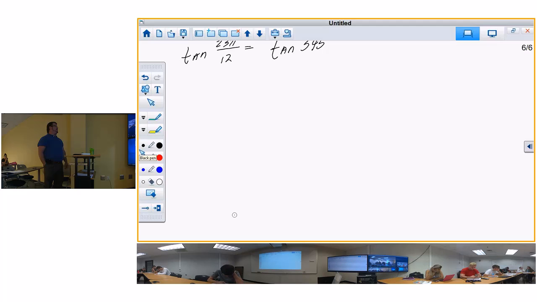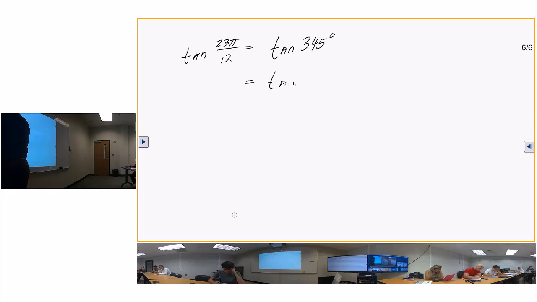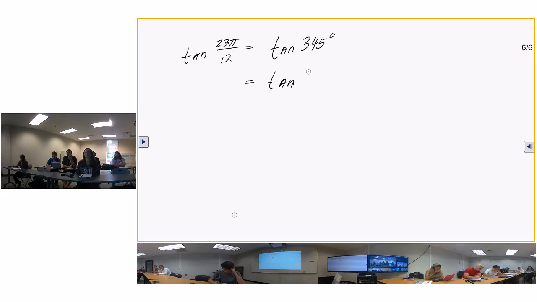So what is 345? Well, yeah, but 300 is not a special angle. We do 15. No, we don't. It's got to be minus.